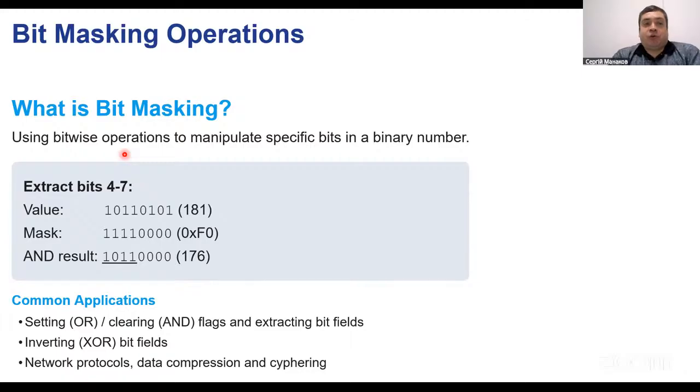Let's consider so-called bit masking operations. For example, we have a task. We have a binary number with 8 bits, and we have to extract bits from 4th to 7th. That means we have to extract the left part of these 8 bits.